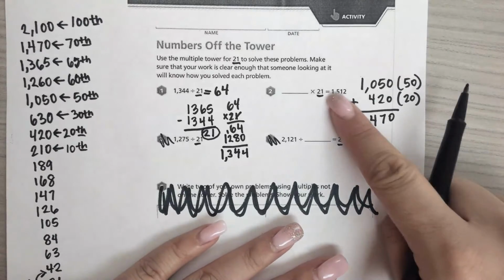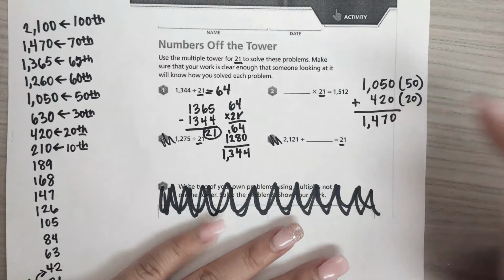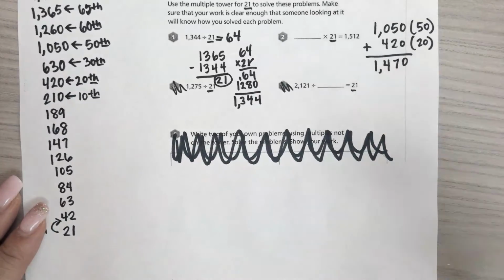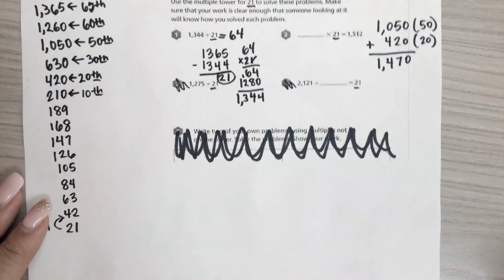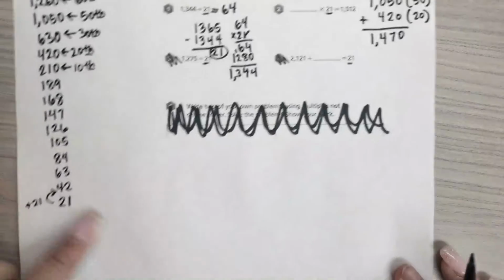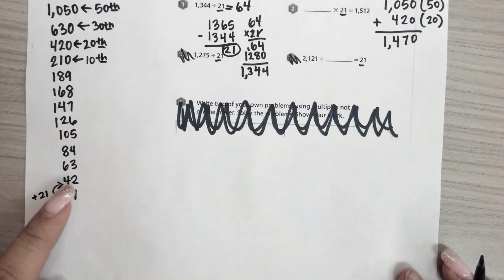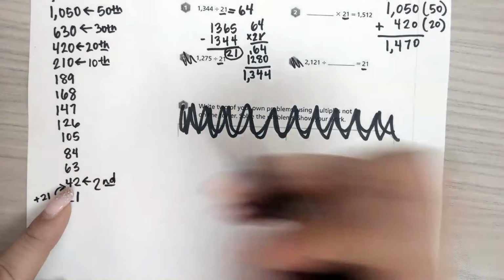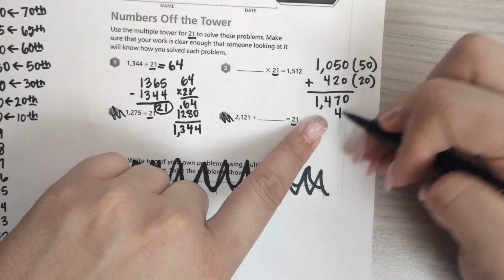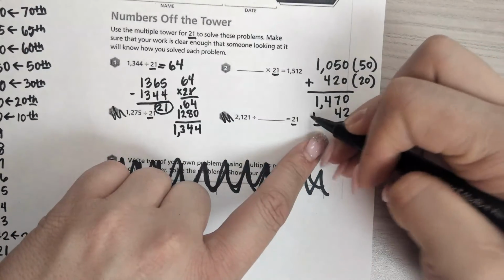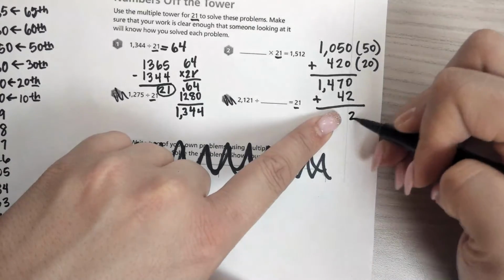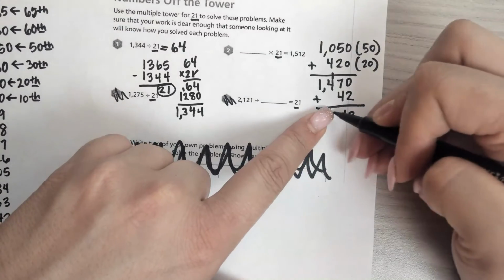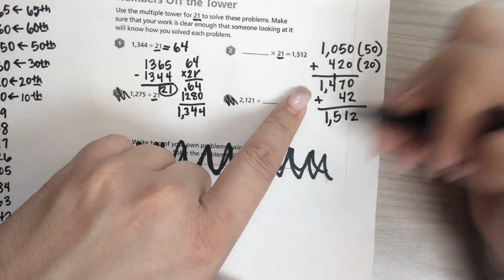And then I'm still not quite to the 1512, so I need to go up a little bit. Roughly just by looking at it, it looks like I need to go up about 40. So let's do the 42, the second multiple here. Let's add that to our amount here. So 42, if I add that together, 0 plus 2 is 2, 7 plus 4 is 11, 4 plus 1 is 5, and 1 plus nothing is 1.